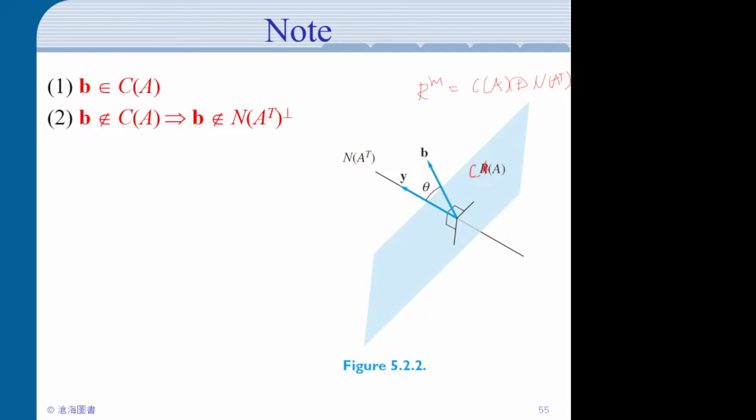And if it's not 0, then call this component y, and y inner product with b will be non-zero, because the inner product is linear: it is y inner product with itself plus y inner product with some component in the column space. But y inner product with the column space equals 0, so it's just y inner product with itself, and that's non-zero.